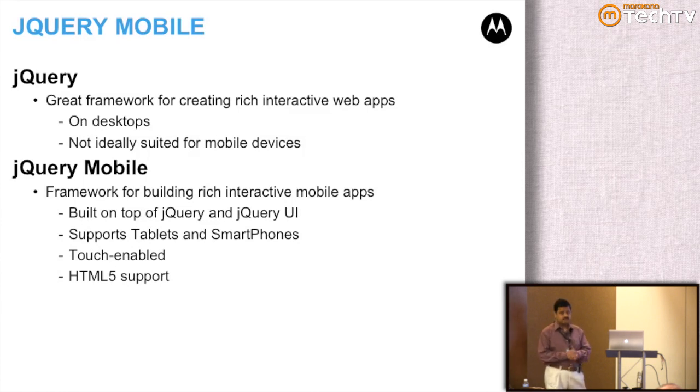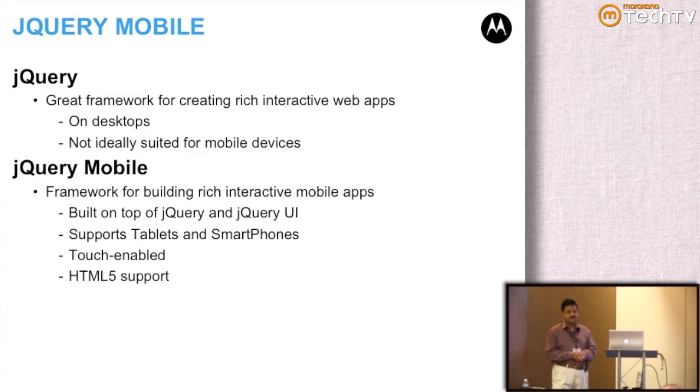Unfortunately, it works great on desktops, but not so much on mobile devices. And so jQueryMobile was built primarily for mobile devices, both smartphones as well as tablet devices. It is built on top of jQuery, so you get all of the nice querying features of jQuery, but at the same time it adds a lot of nice user interface touches.